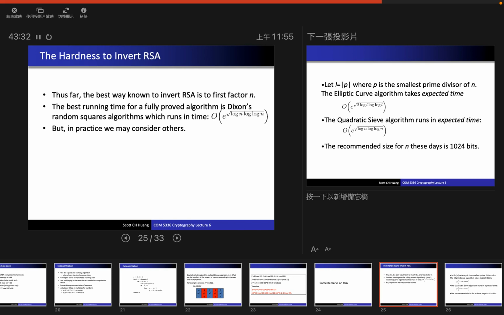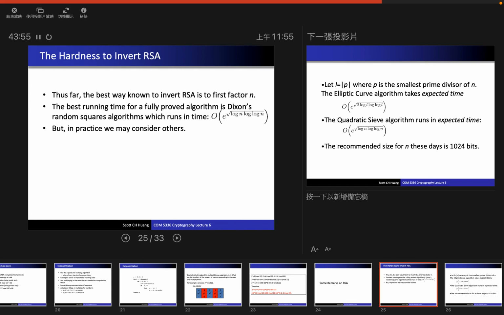So the best way to invert RSA is factorization. And integer factorization has become a very active research area. There are hundreds, thousands of mathematicians researching this every year, so every year there are new results.